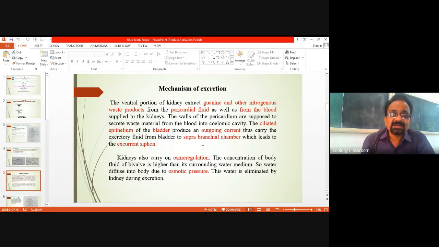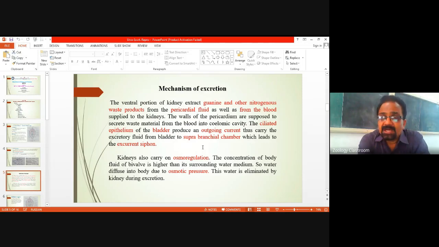Exactly the opposite is the case as far as marine animals are concerned. In marine animals, the surrounding water has a high concentration of salts, while the body fluids of marine animals have a concentration less than that of the surrounding medium.